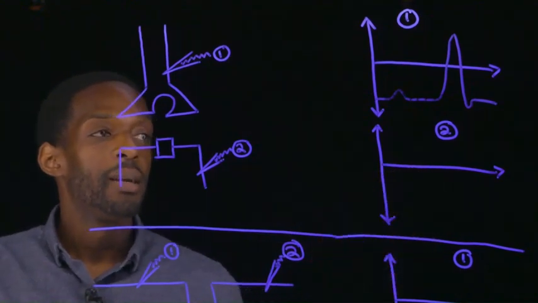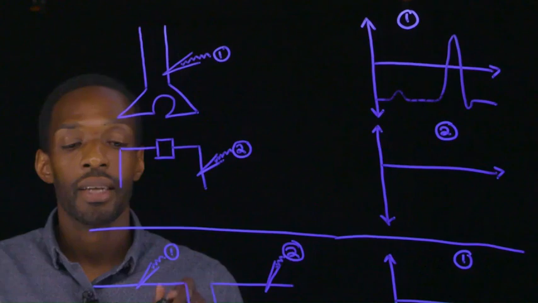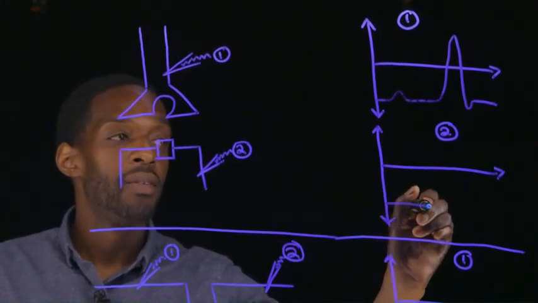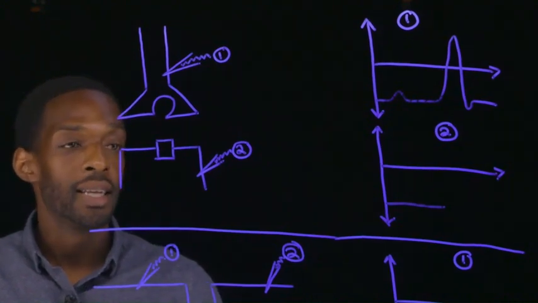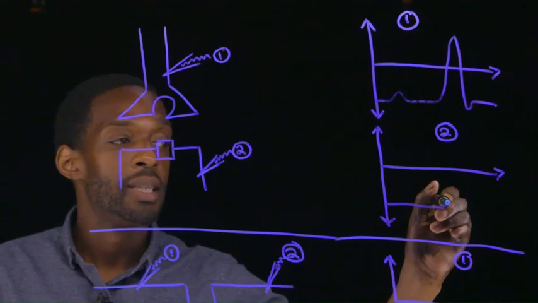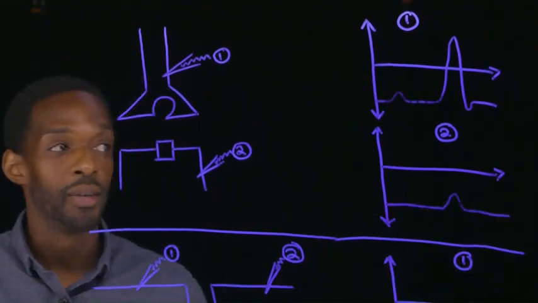If recording from cell number 2 under those conditions, when cell 1 did not fire an action potential, it did not release any transmitter, and therefore we would not see any voltage change in cell number 2. Assuming that this is an excitatory synapse, when cell number 1 has an action potential, we would see an EPSP, an excitatory postsynaptic potential, in cell number 2.